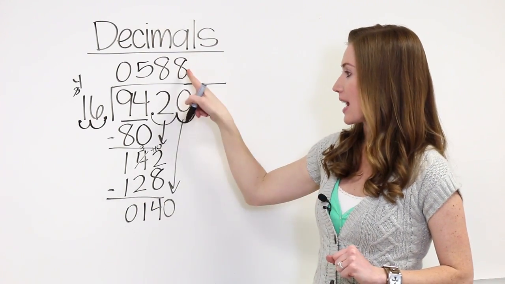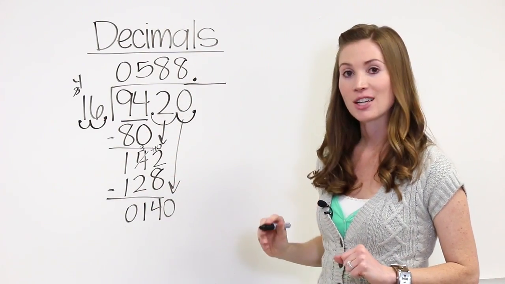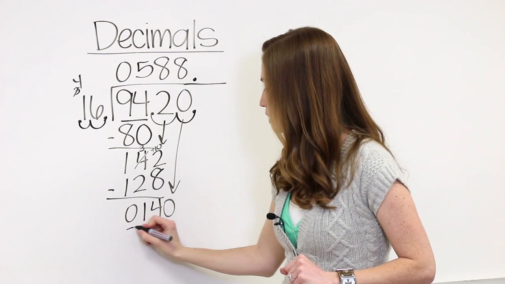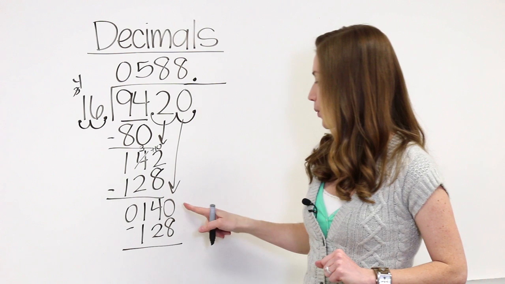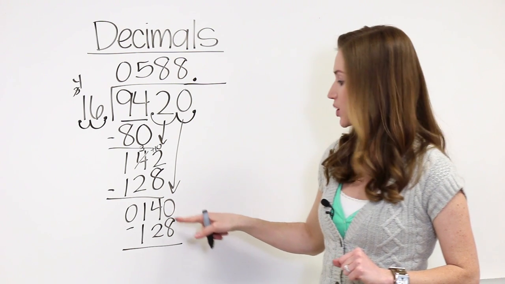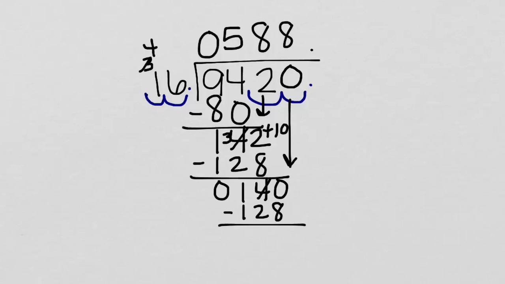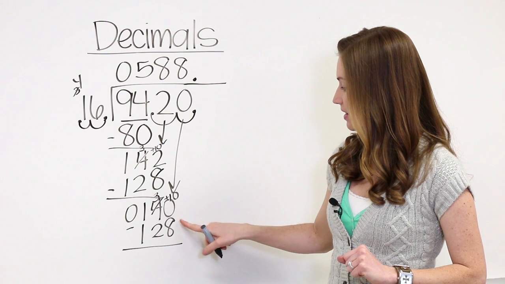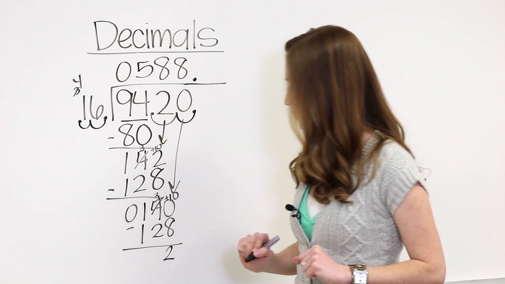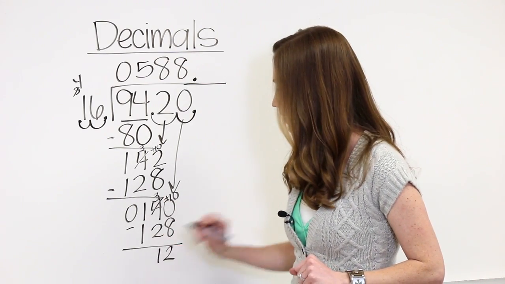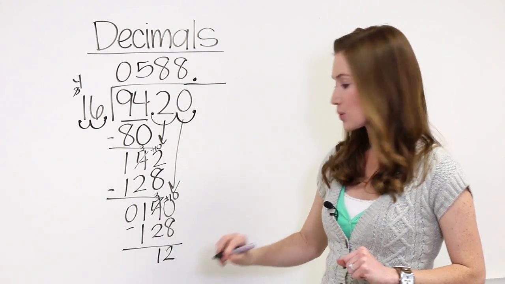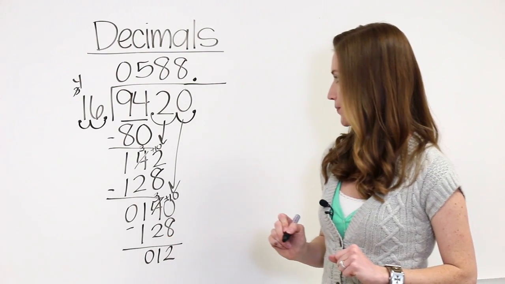We already know that 8 times 16 is 128. So let's subtract 128 again. We can't do 0 minus 8, so we're going to borrow from our 4. It becomes a 3, and we add 10 to our 0. 10 minus 8 is 2. 3 minus 2 is 1. 1 minus 1 is 0.